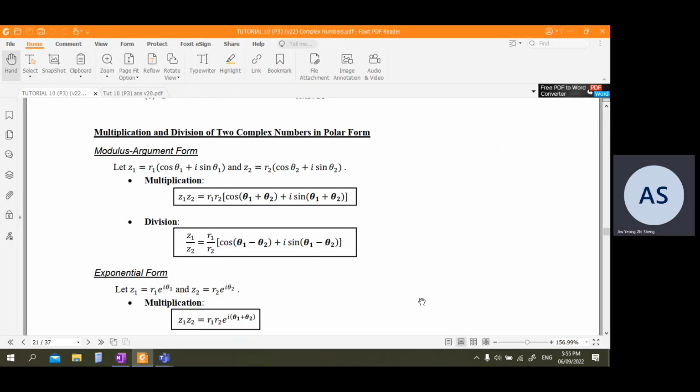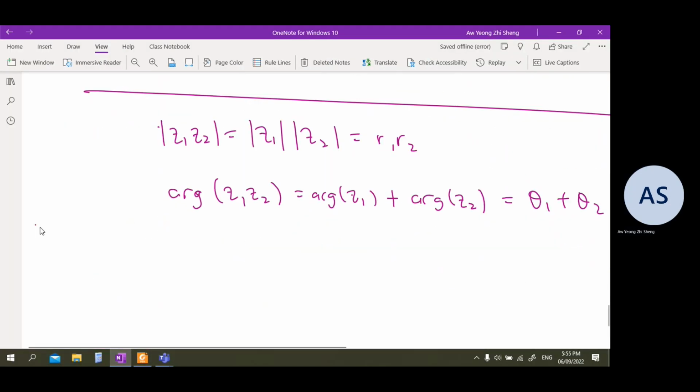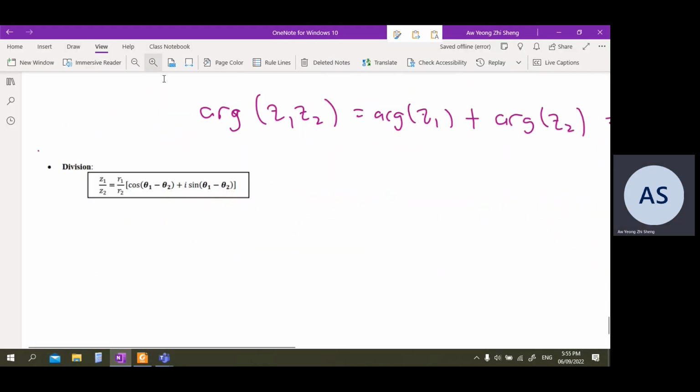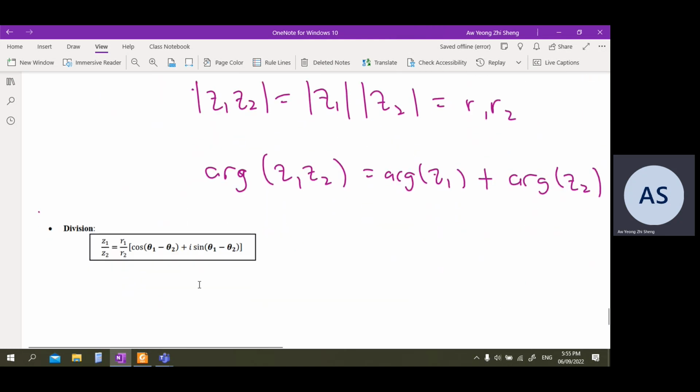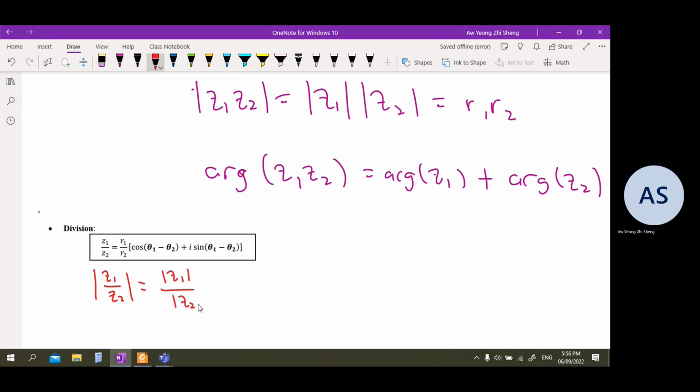When it comes to division, I already expect what the result will look like, since this would be consistent with the properties of modulus and argument that we have learned earlier on page 15. We know that the modulus of Z1 over Z2 can be distributed over division, so you will get R1 divided by R2.